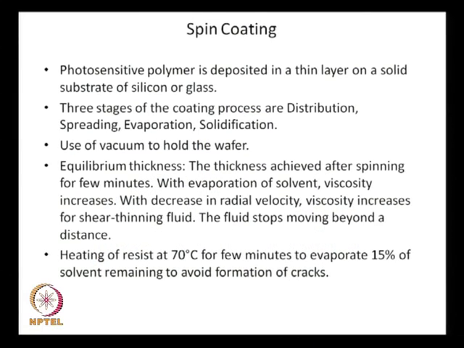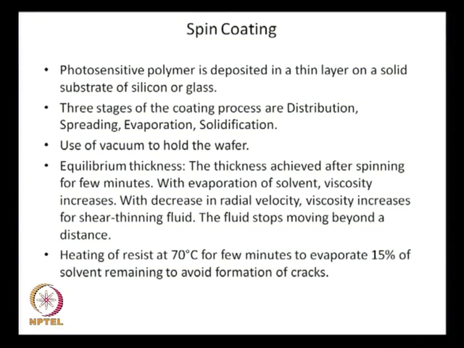70 degree centigrade for few minutes to evaporate the 15% of solvent remaining, to avoid formation of cracks. What does that mean? You have achieved an equilibrium thickness on the substrate material, but still 15% of solvent is there. 85% got evaporated, and that is why this material became immobile, but that solvent has to be removed in a precise manner, because otherwise that solvent can come out at some other odd moment, and at that time it will form cracks, because that solvent has to come out at some point.